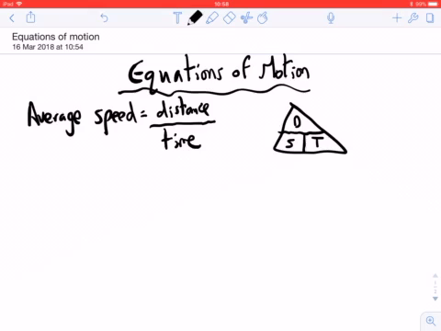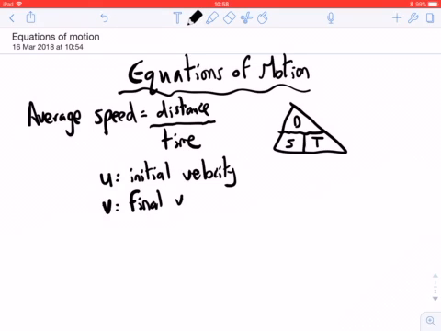It's harder to use the equation there though if an object is accelerating, and if it is accelerating we need to use one of two other equations. Now when we have an acceleration we have a change in velocity, so we're going to use the symbol u for the initial velocity of an object and v for the final velocity.